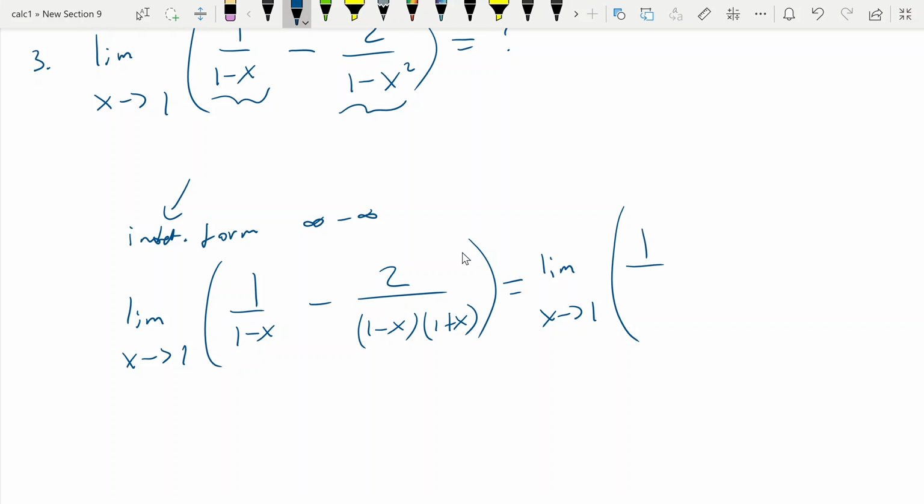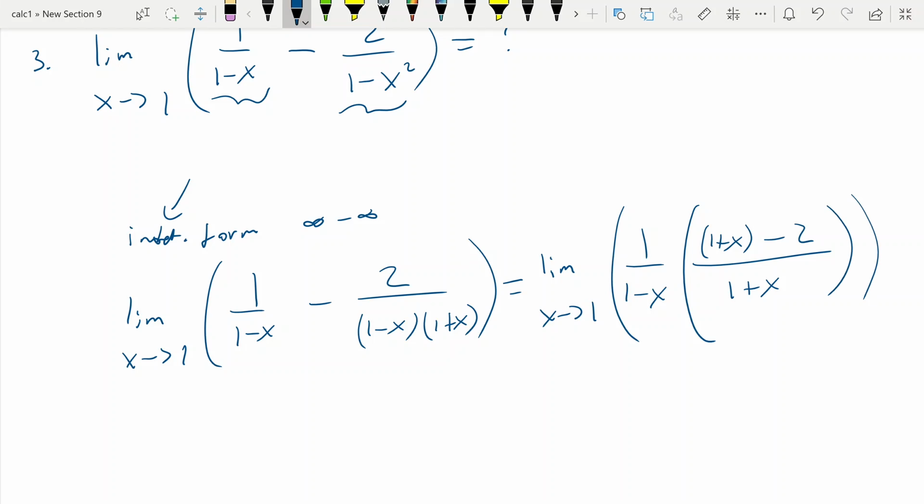We can factor this out and write this as a fraction, that is 1 plus x minus 2 divided by 1 plus x. This is the same as the limit when x approaches 1 of 1 over 1 minus x. We compute 1 plus x minus 2, divided by 1 plus x.